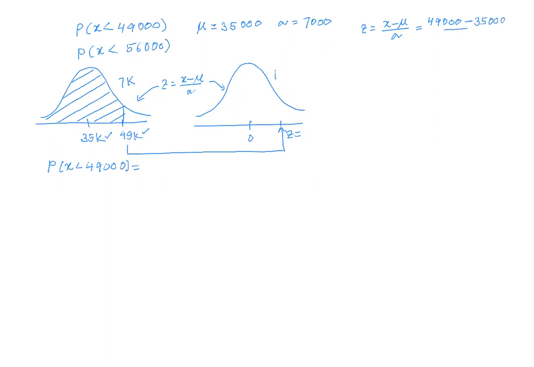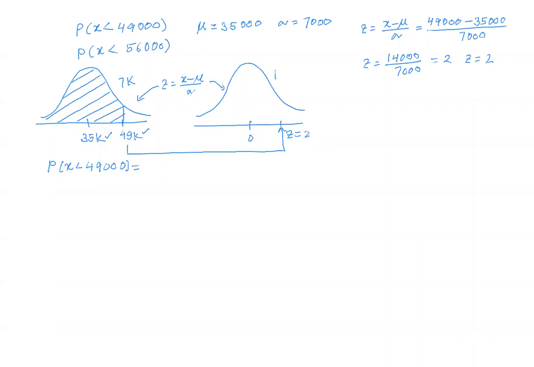Divided by 7,000. So 49 minus 35 is 14,000, divided by 7,000 is 2. So Z is equal to 2. So this point is 2.